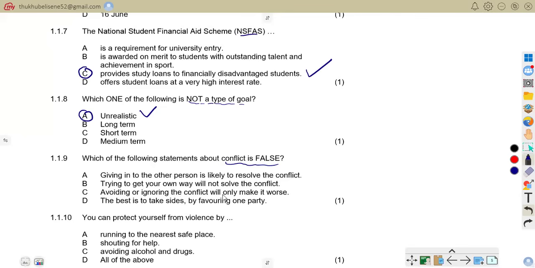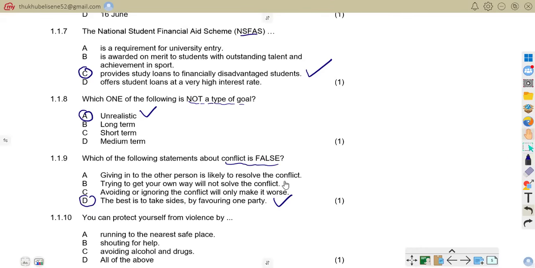Avoiding or ignoring the conflict will only make it worse. The best is to take sides by favoring one party. So the correct answer is D. The best is to take sides by favoring one party, that is the false statement about conflict. So the correct answer there, 1.9, is D.